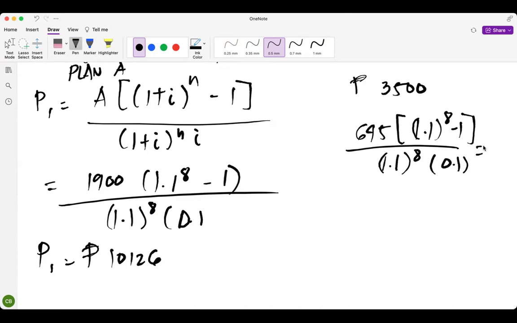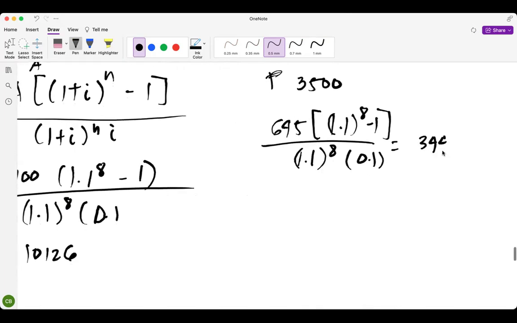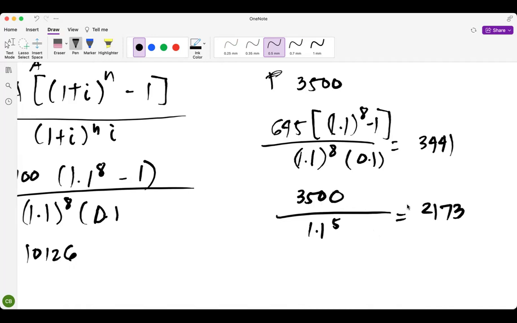So I think this would be 3,441. And then lastly, we have the salvage value of 5 years, no? So you have the first cost 3,500 all over 1.1 raised to 5. So this would be 2,173 pesos.